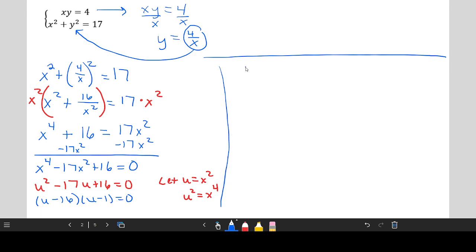And so then we have u equals 16 or u equals 1. But we were trying to solve for x, so now we need to use the fact that u is equal to x squared and replace that back.